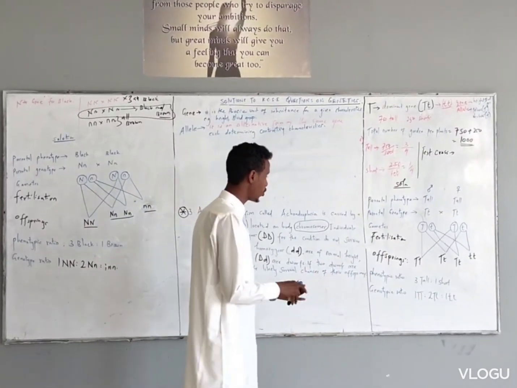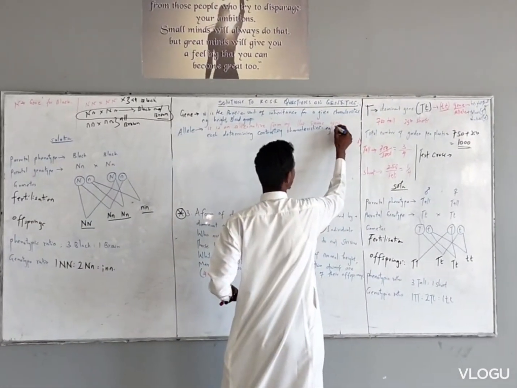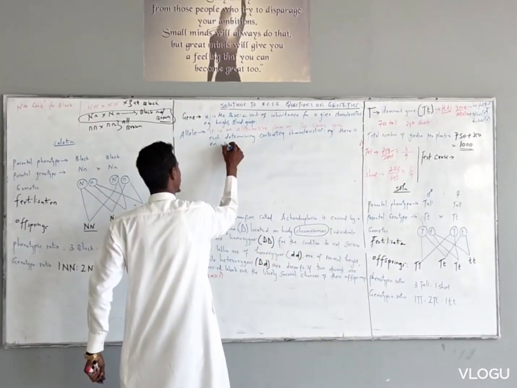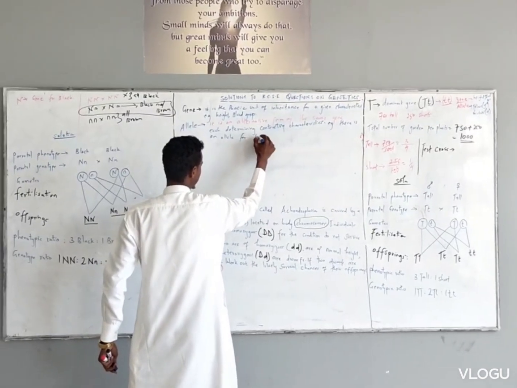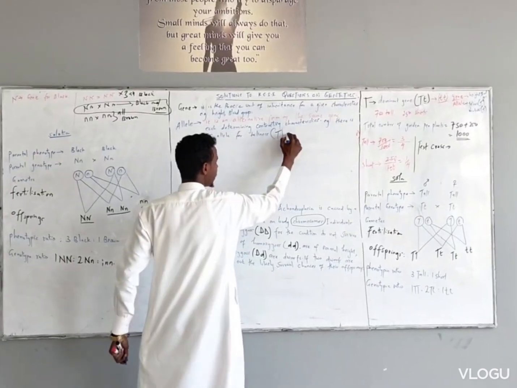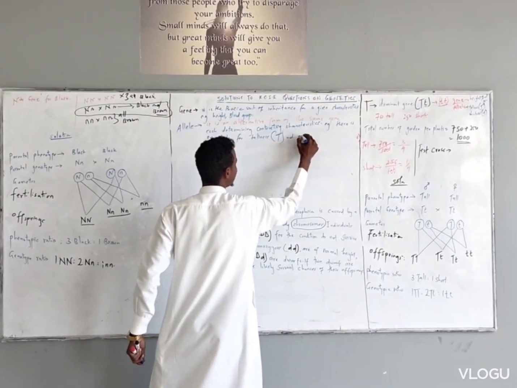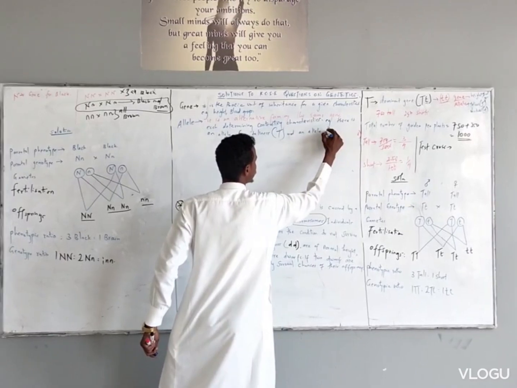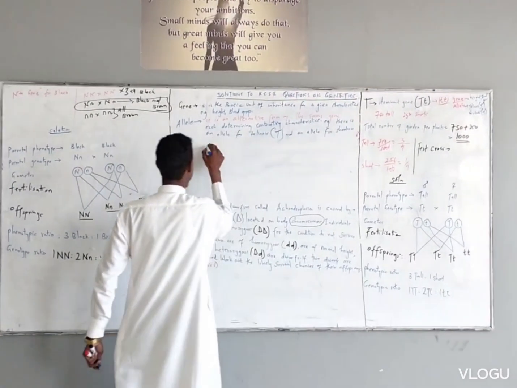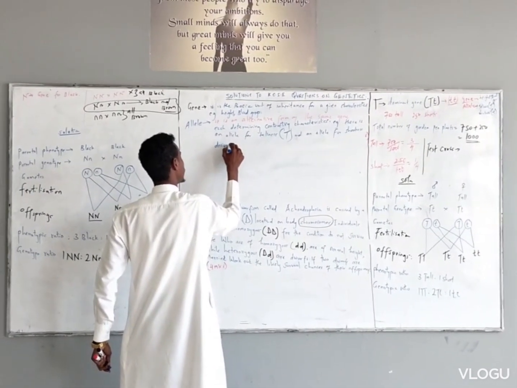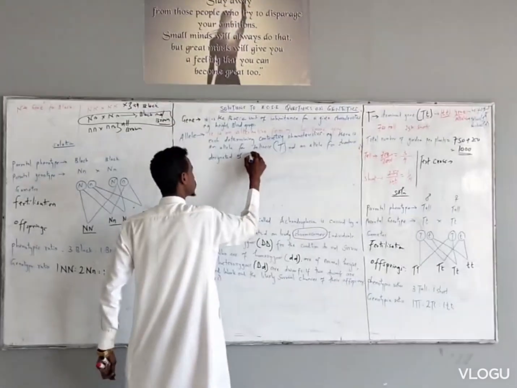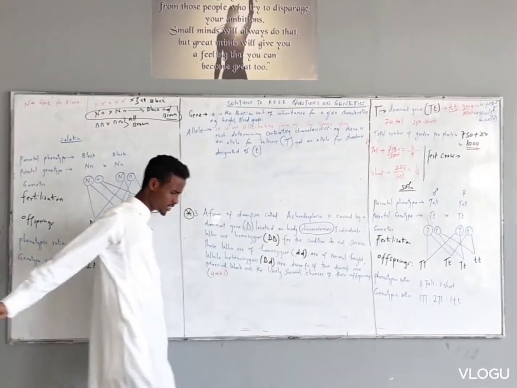Let's give an example. For example, there is an allele for tallness, designated as capital D, and an allele for shortness, designated as small t.